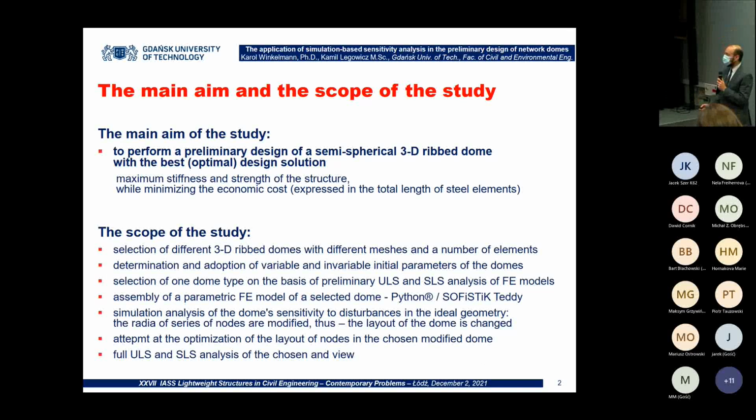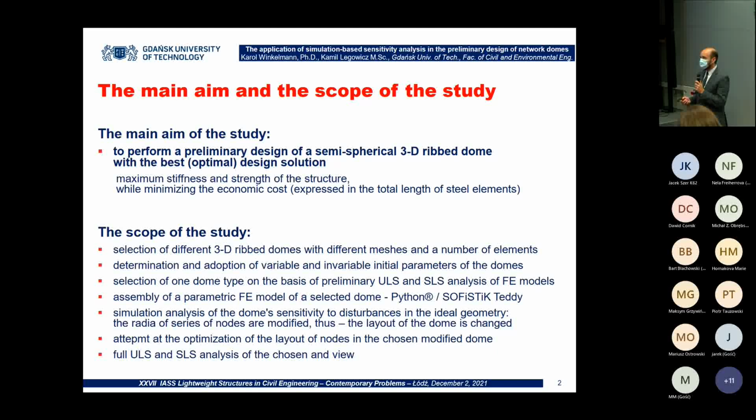The scope of the study is that we take different ribbed dome geometries and visualize which ones will be perfect for our study, without a simple analysis, just visually.